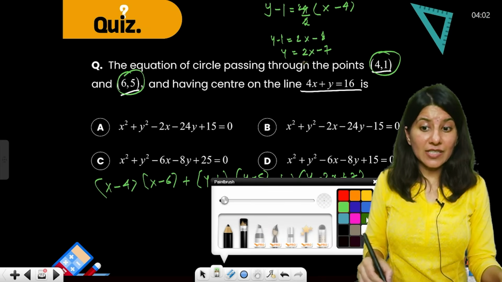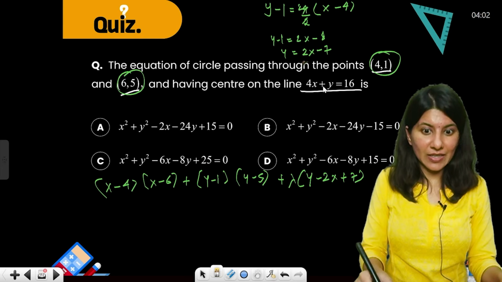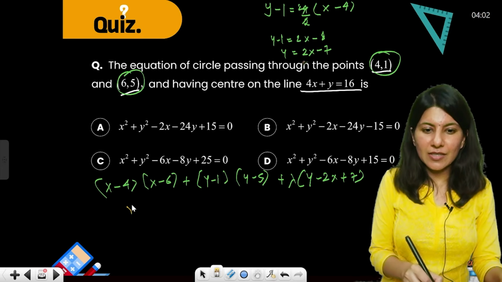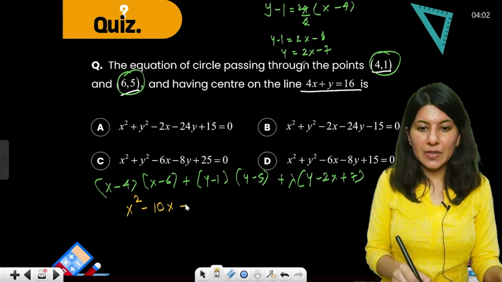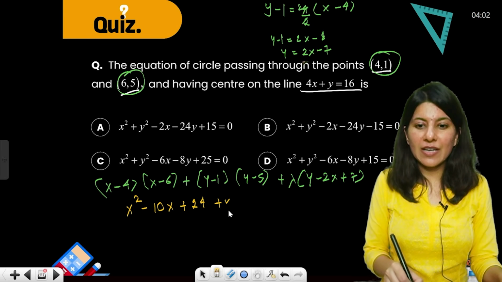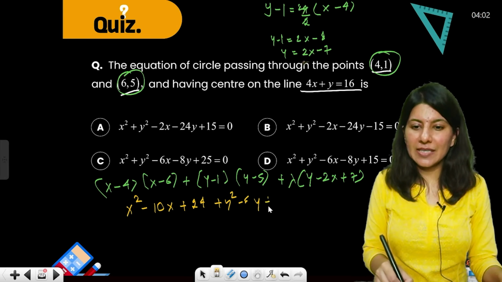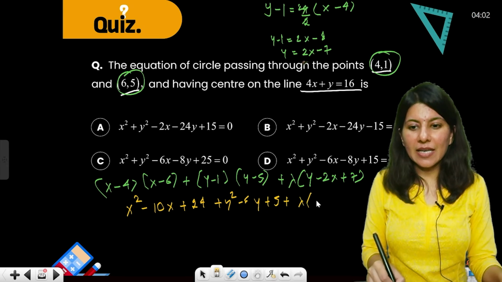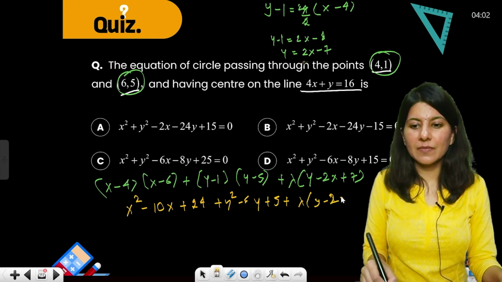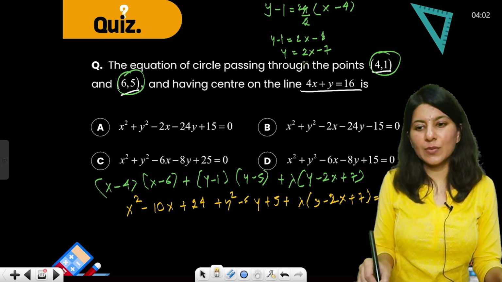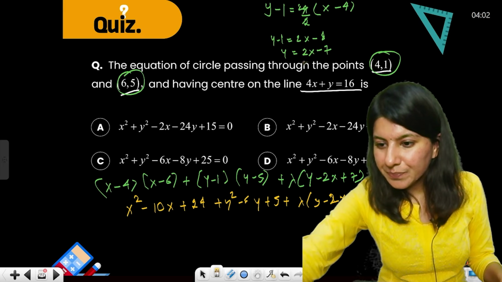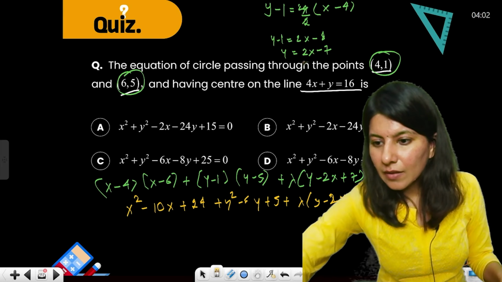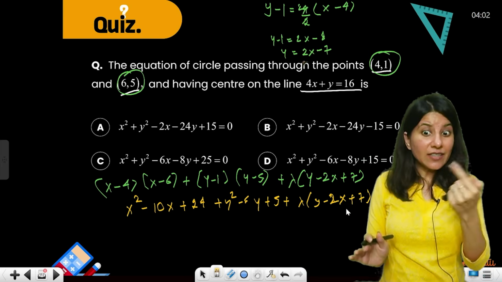Now the center of this circle lies on the given line. Can you calculate the center of this circle? So x square minus 10x plus 24 plus y square minus 6y plus 5 plus lambda times y minus 2x plus 7 equals to 0. Now the equation is like this, and we can calculate the center of this circle.